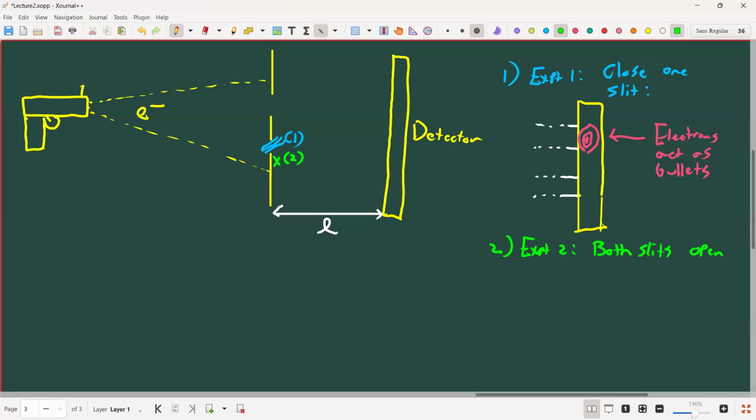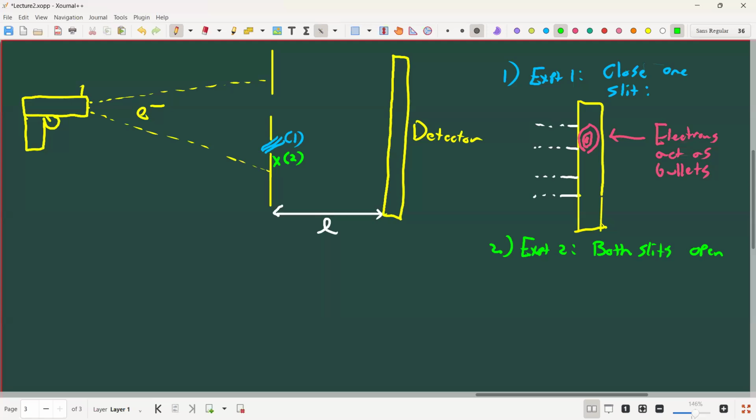Well, again, I don't know anything about the electrons before the slits. All I do is I shoot them out, and I know that they're moving some distance towards the detector. But they have a choice, right? Everything is symmetric, so 50% of the electrons that pass through the slits will go through the bottom one, and 50% maybe will go through the top. So they have a choice now.